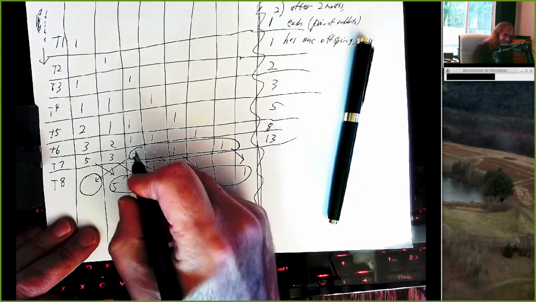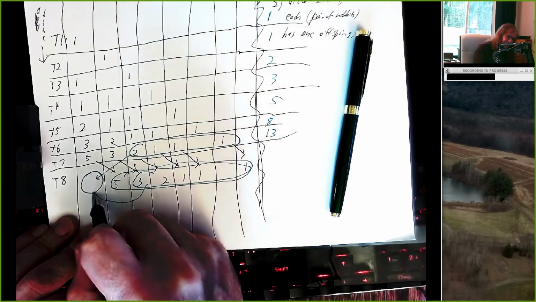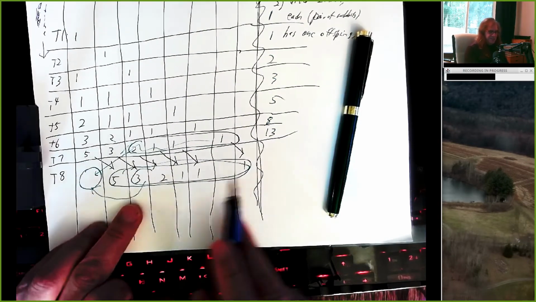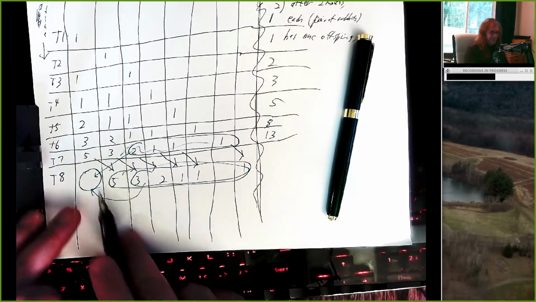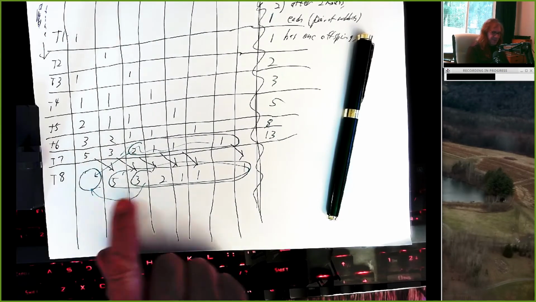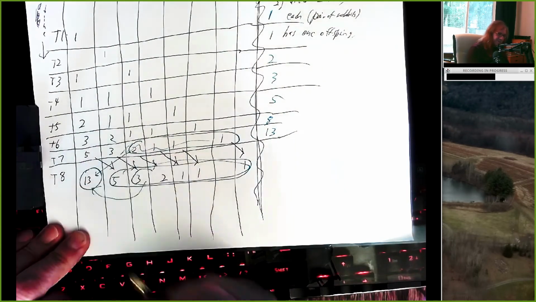Sorry, I did that wrong. It's this. Right? It's at T8, the population that's at least 2 months old, that's going to be this new population number here. So we're going to do 5, 8, 10, 11, 12, 13. So we're going to have a 13 in here.